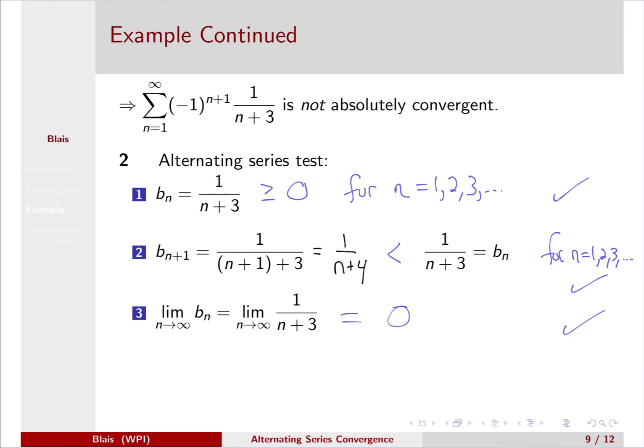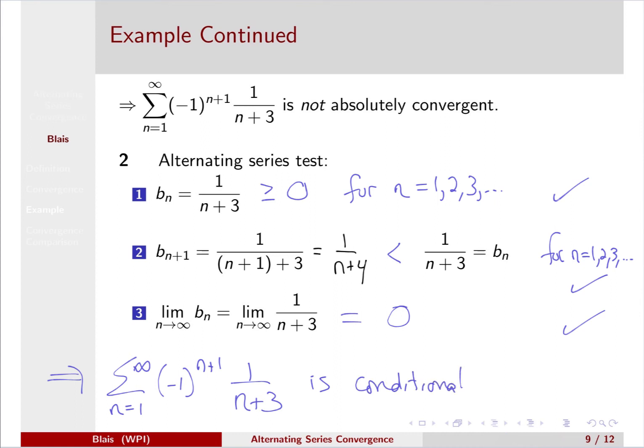So this means our series passes the alternating series test, and this means that that series is conditionally convergent. So this is an example of how to check the convergence of an alternating series, and in this example it turned out the series had the weaker type of convergence.